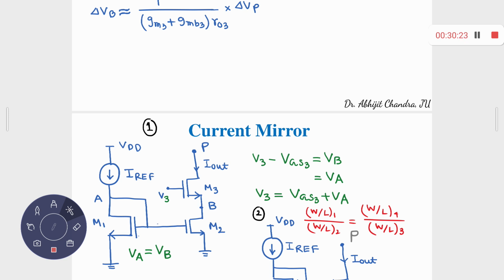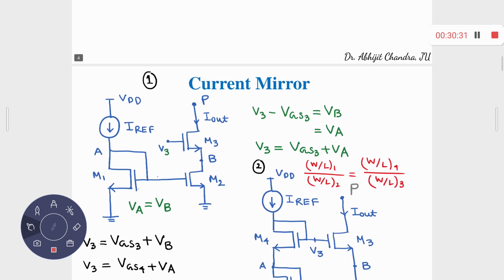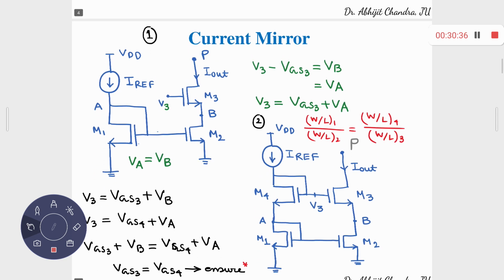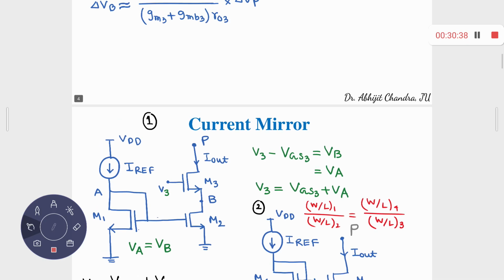VA is equal to VB, right? How can we expect that VA is equal to VB?